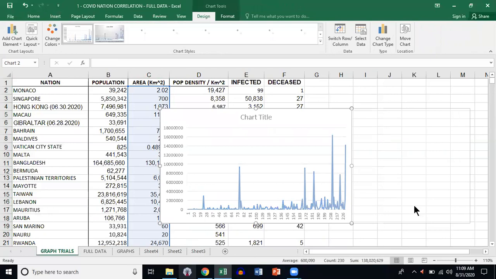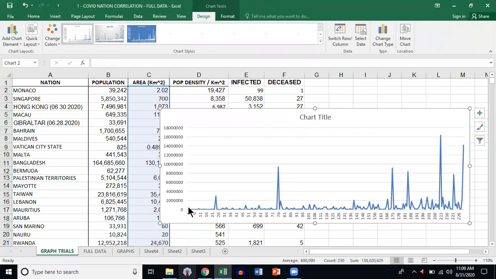Okay, so this graph is not really informative because it's just ranking. Number one has a 2 square kilometer density. All right, it's anchored. That's cell number 1 here, and so on and so forth. In fact, these are bigger numbers down here, but there's no really significant trend here.